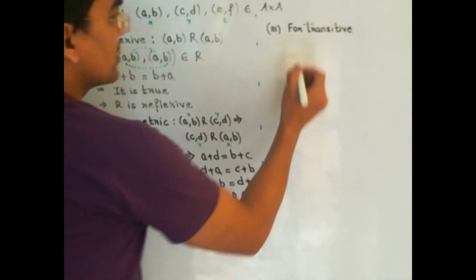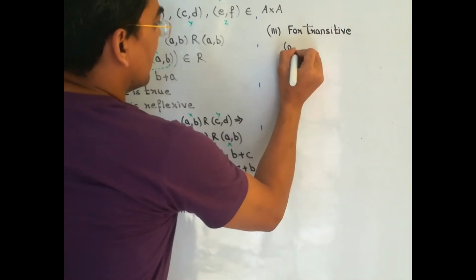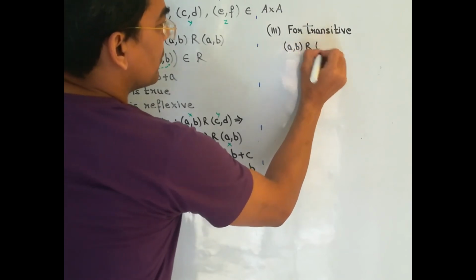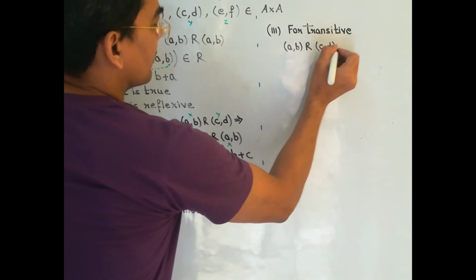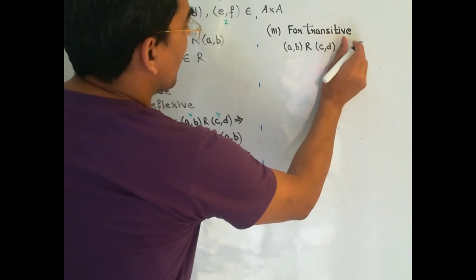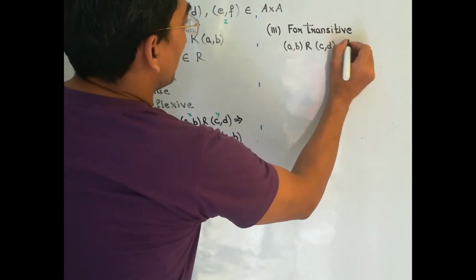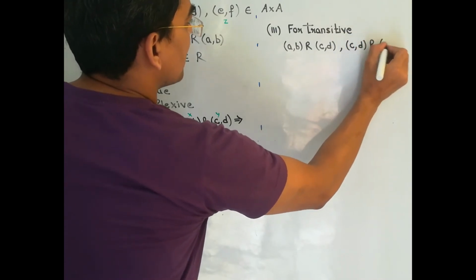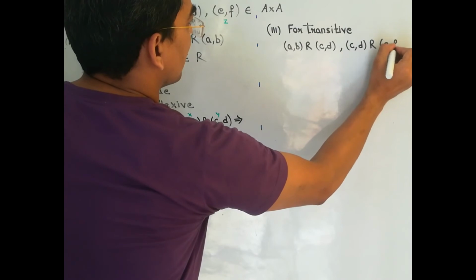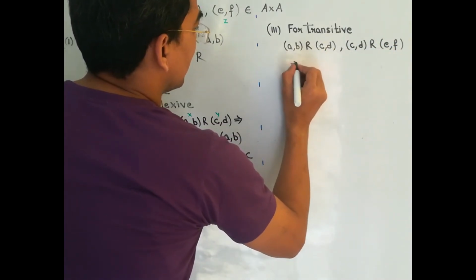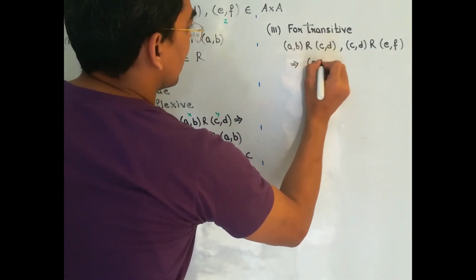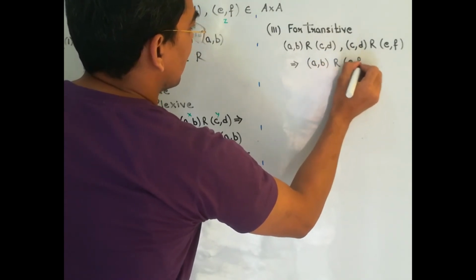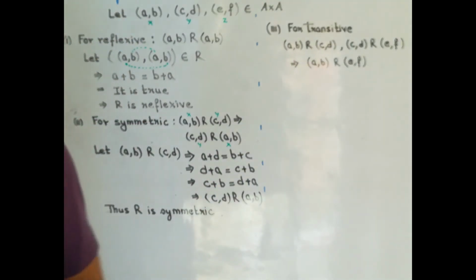Now the condition for transitive will be: x related to y, and y related to z, it implies that x is related to z. This is the definition for transitive.